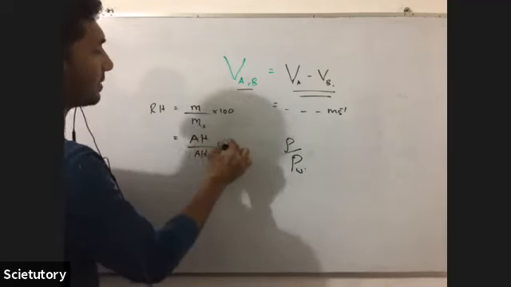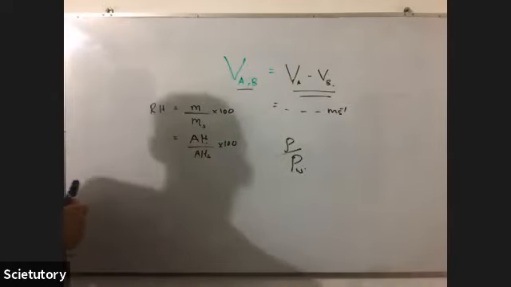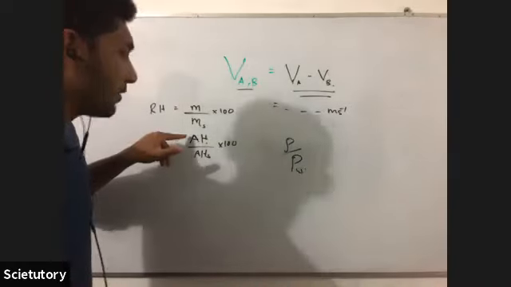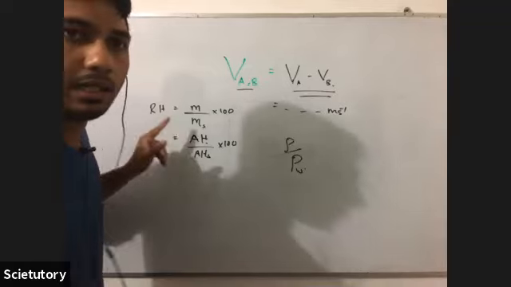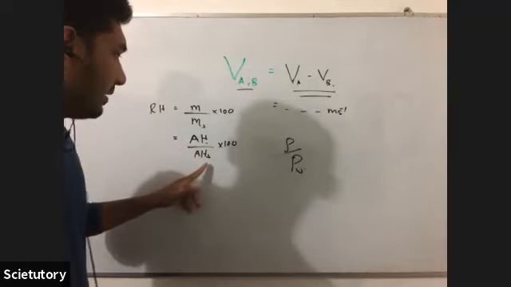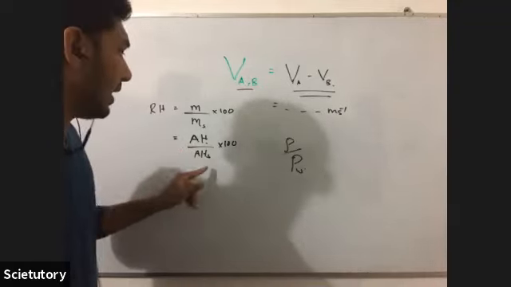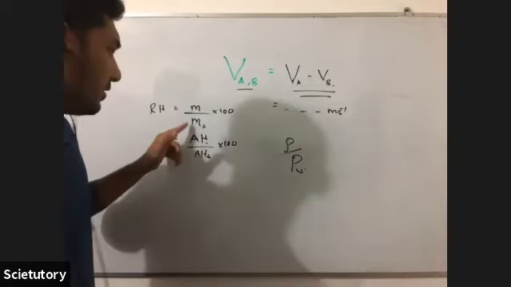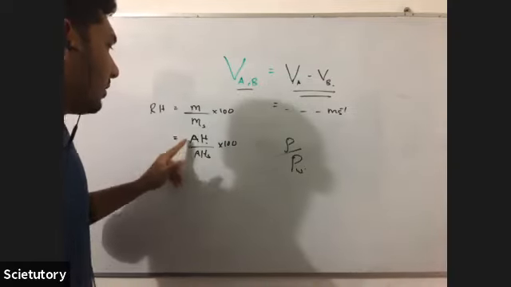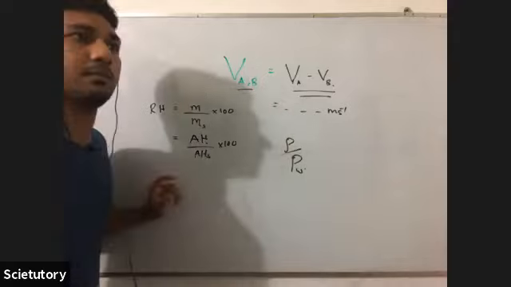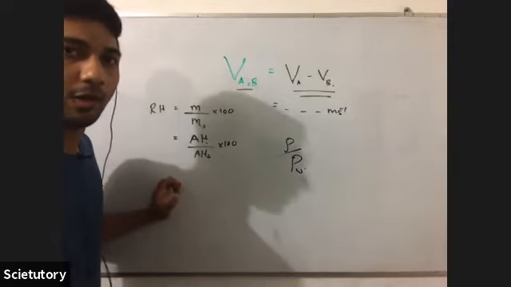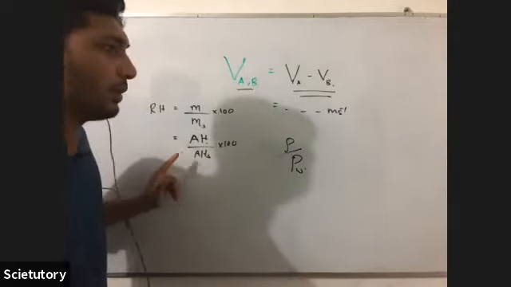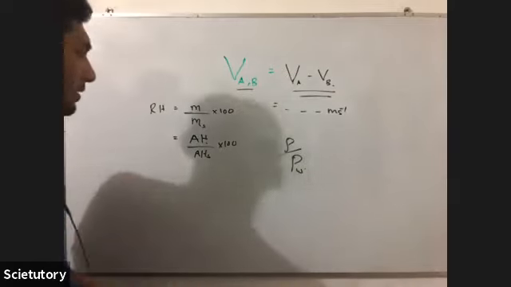Here AH means the mass of water vapor per unit volume, and AHS is the mass needed to saturate a unit volume. This is very easy because it is not dependent on the volume, as we are expressing it for unit volume. So I usually use this one.